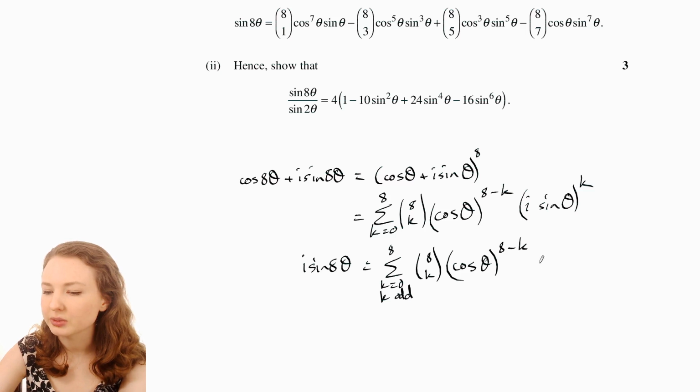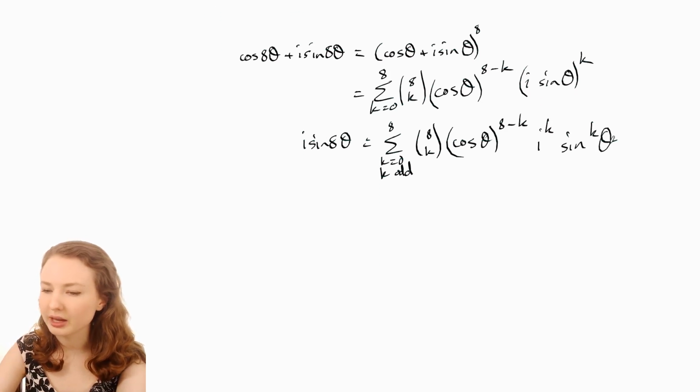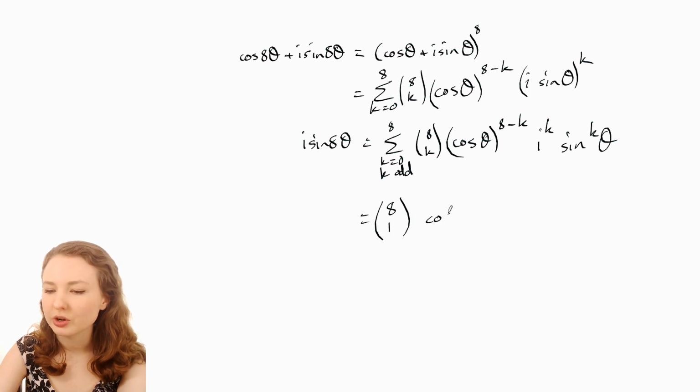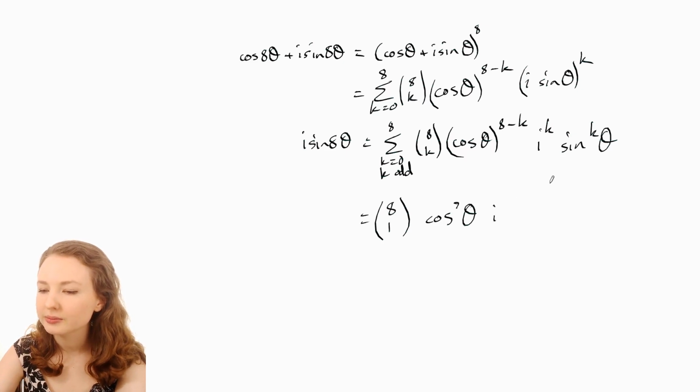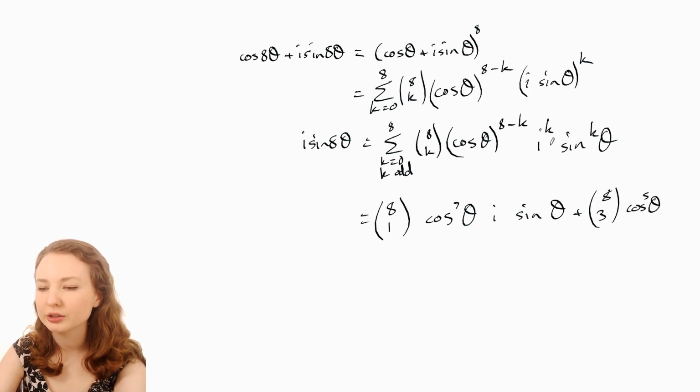And then let's expand this bit. So you've got i to the k sine to the k theta. Let's work that out. We just need to plug in all the odd values of k between 0 and 8. So 1 would be the first one. You've got cos theta to the power 7, and then i to the 1, and then sine to the 1 theta, so just sine theta. And then where k equals 3, cos to the 5 theta, i cubed is negative i times sine cubed theta.